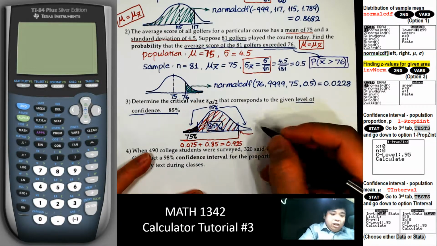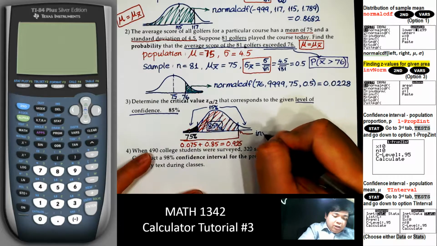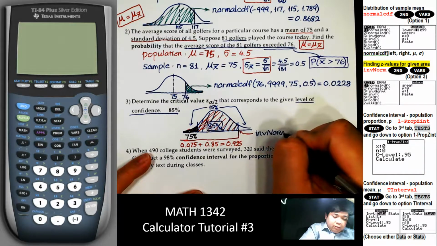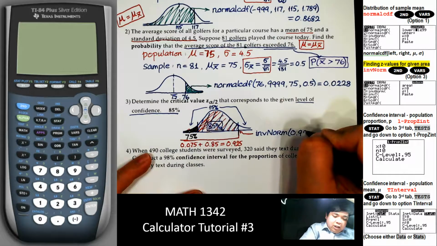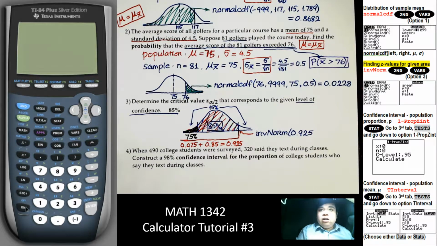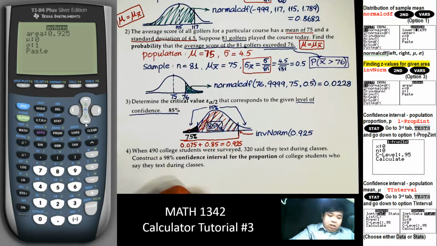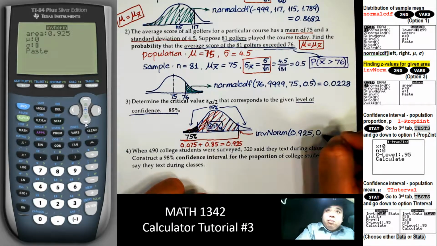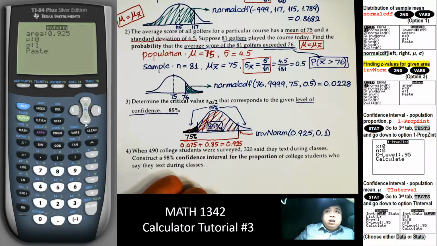we do the inverse normal of 0.925. This gives us the z values, so let's do that. Second variable, inverse normal of the area 0.925, and the mean and the standard deviation, we just leave it like that. By default, for z the mean is 0 and the standard deviation is 1, so we do that.